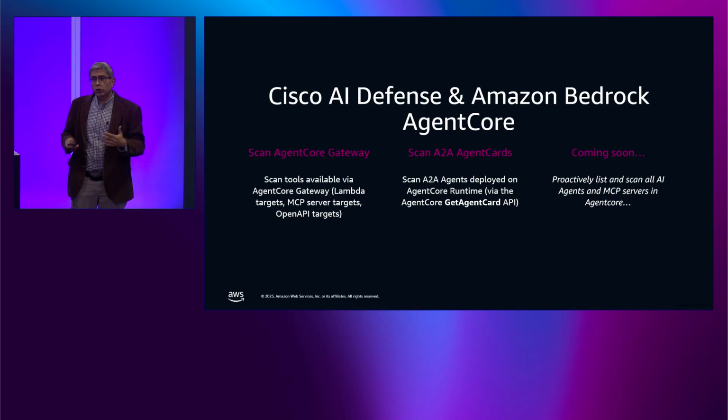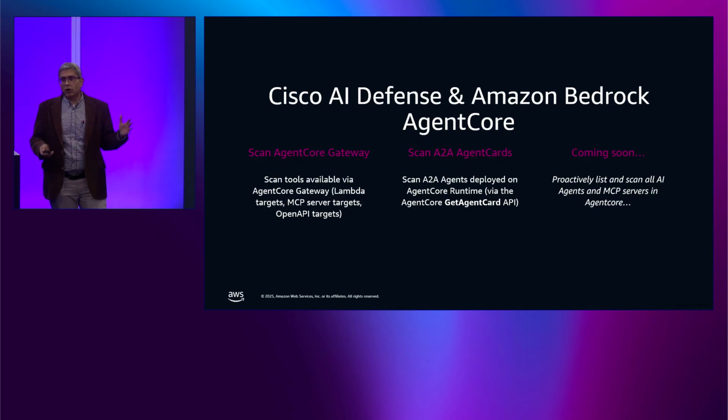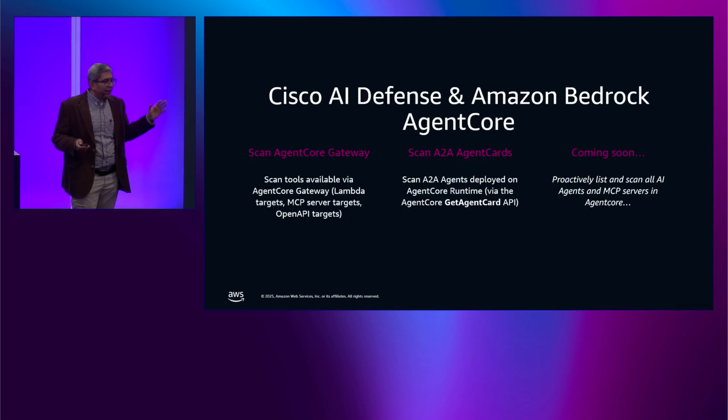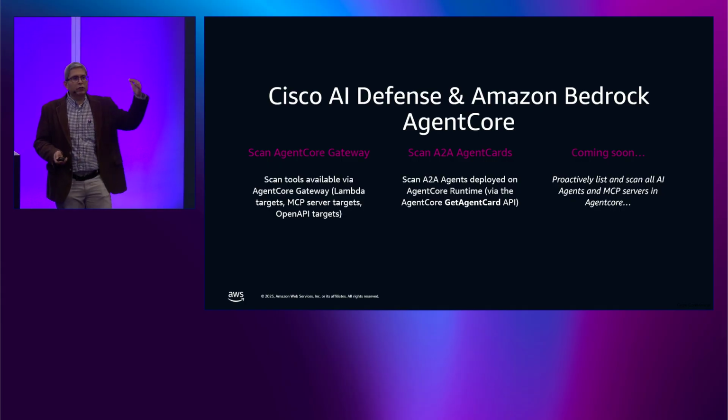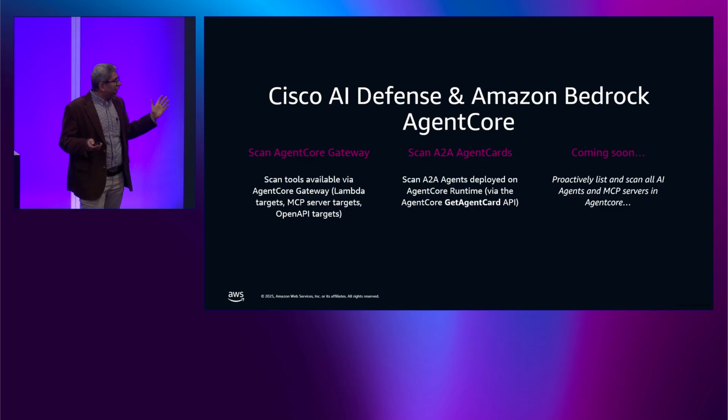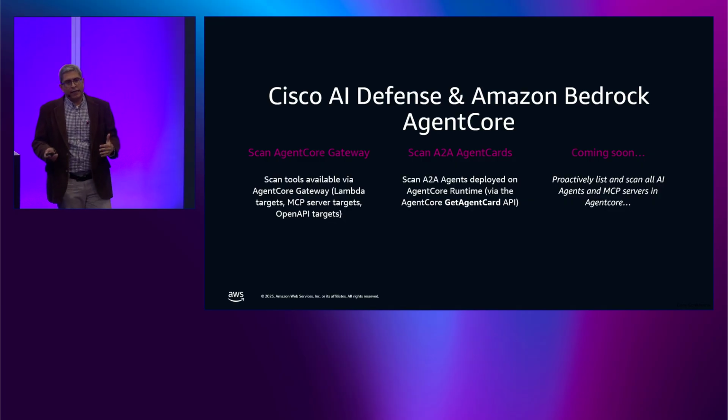We can also now deploy A2A agents on the Amazon Bedrock AgentCore runtime. As part of the AgentCore runtime, we provide a Get Agent Card API. This is a capability of Amazon Bedrock AgentCore. If you have an A2A agent deployed on the runtime, you can retrieve the agent card, and that agent card can be provided to AI Defense, and it would scan it and produce a vulnerability report. So both scanning reports for MCP servers on AgentCore as well as A2A agents deployed on the AgentCore runtime.